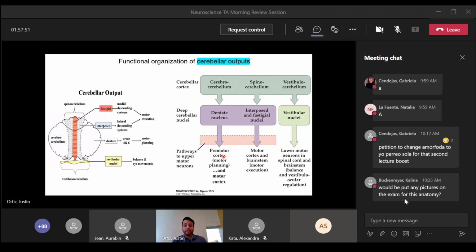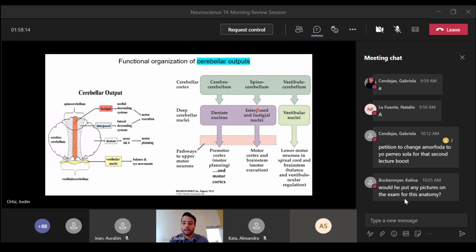This makes sense because remember the mnemonic we said, don't eat greasy food. So the dentate nucleus is important for the cerebral cerebellum, and it sends the signal to the motor cortex, important for motor planning. We have our spinal cerebellum, which has our interposed and fastigial nuclei.